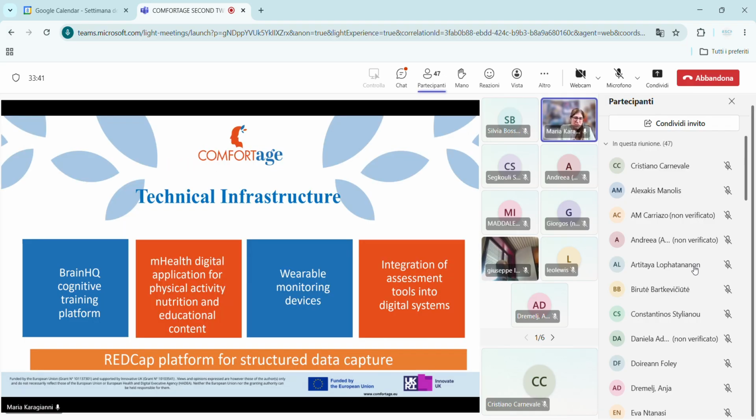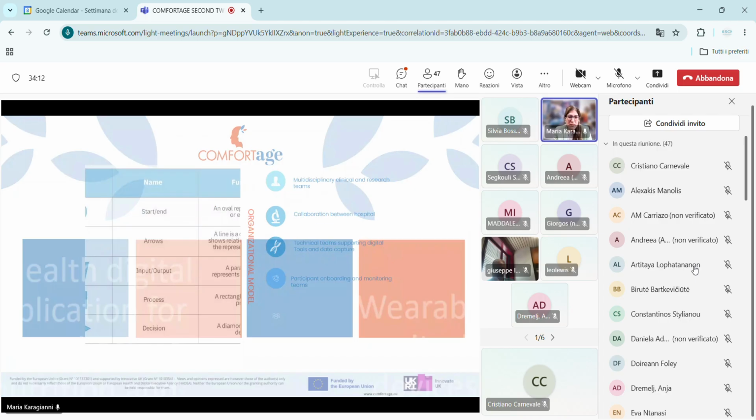The technical infrastructure is Brain HQ for the cognitive training, VM Health, the digital application for physical activity, nutritional and educational content, wearable monitoring devices, and integration of assessment tools into digital systems. For that, we use the REDCap platform as part of the COMFORTage project to capture and insert all the data that we collect.